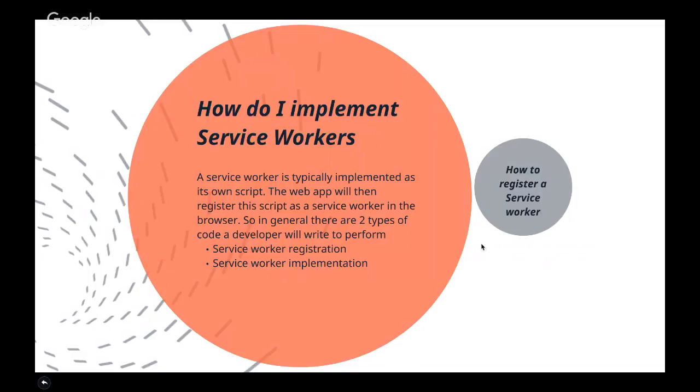The first responsibility that I place in a group is service worker registration. What this does is it allows you to ask the browser to register a service worker, or it captures additional events for you to, say, update your service worker. And the other group I'll put into is the service worker implementation, which is things like the fetch calls and even the notifications.